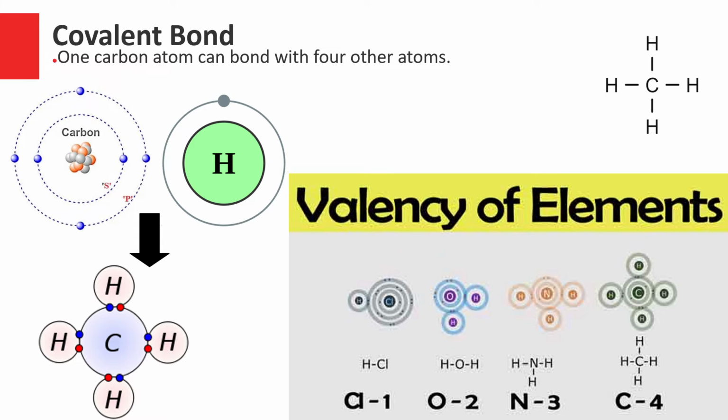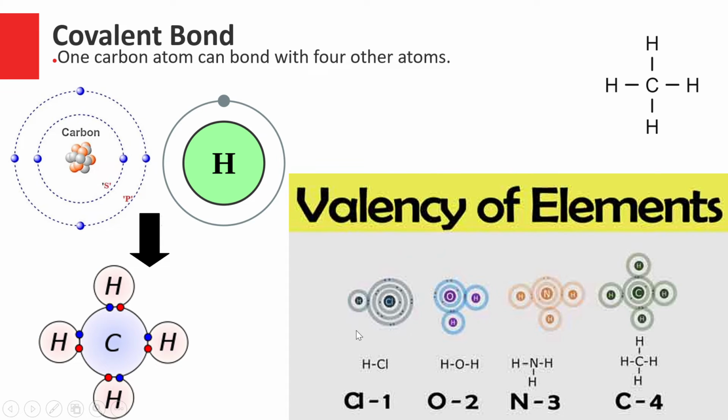So this is methane. It's a carbon atom with 4 hydrogens covalently bonded to it. And each covalent bond illustrated here is composed of 2 electrons that are shared between the carbon and the hydrogen.